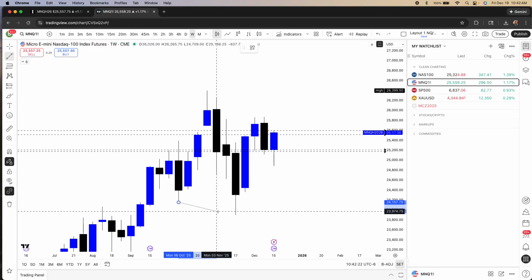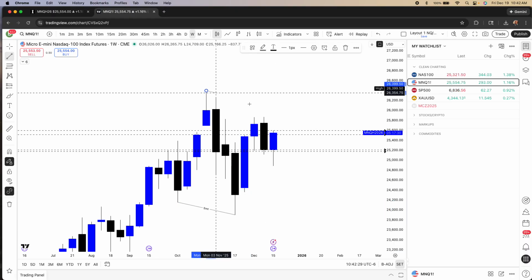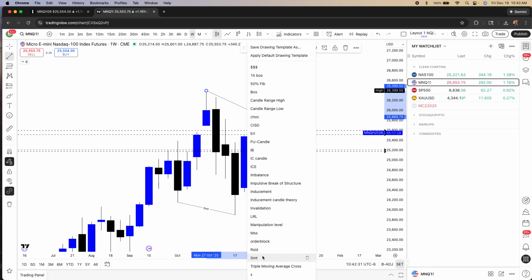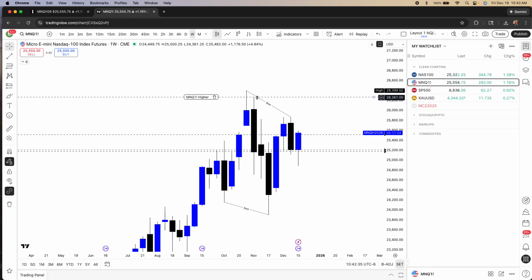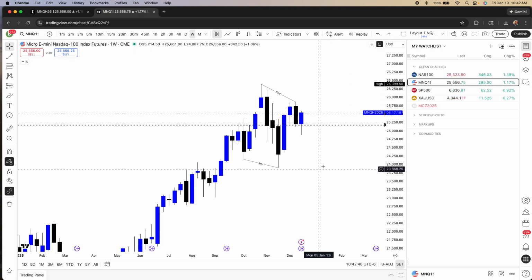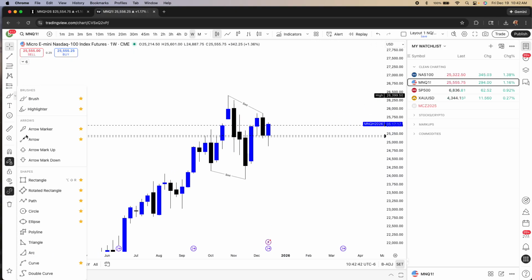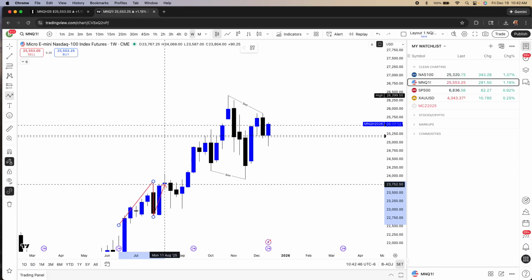So there was a SMT right here on the weekly time frame. Weekly SMT, and then there's a weekly SMT up here as well. Now we can see we're in an overall uptrend on the weekly time frame.